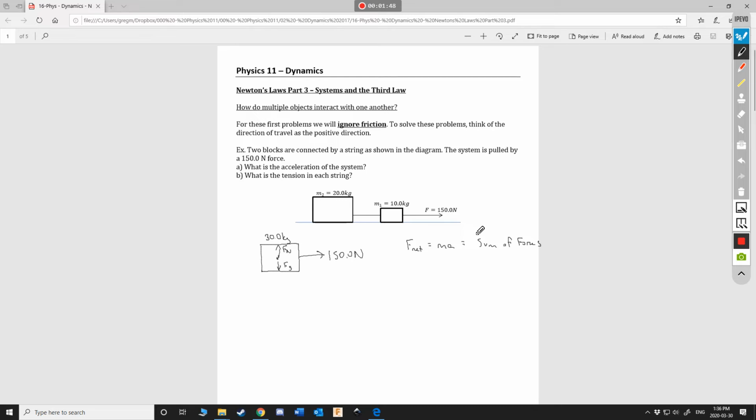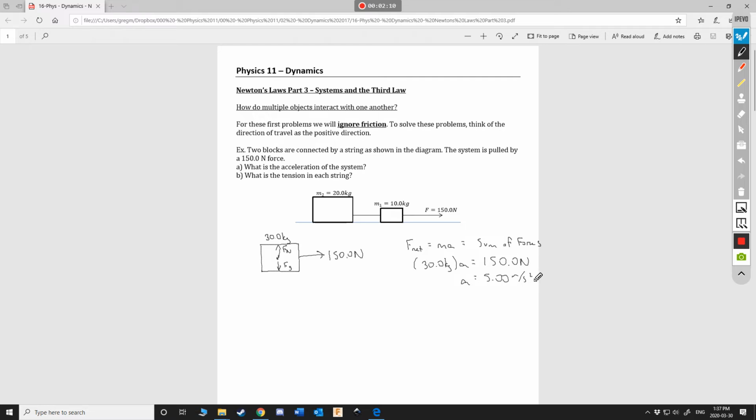There's no friction, so I don't really need them anyways. We know our mass is 30.0 kilograms. Our acceleration, that's what we're trying to find. And the thing that's pulling is just that 150 newtons. Again, if there was a friction force, we'd subtract it. Divide both sides by 30, we get 5.00 meters per second squared.